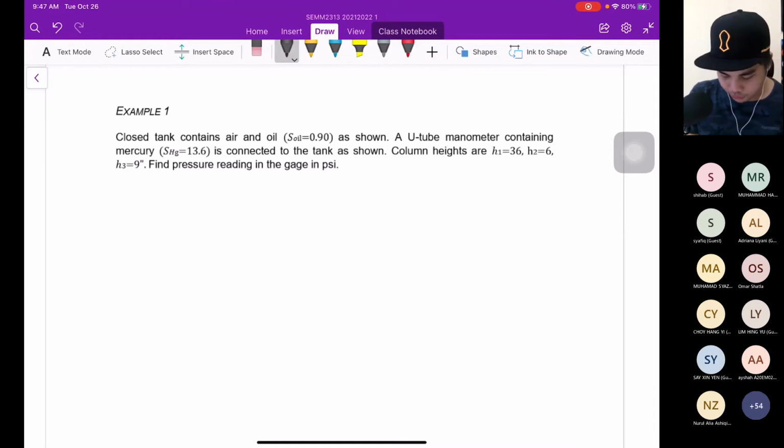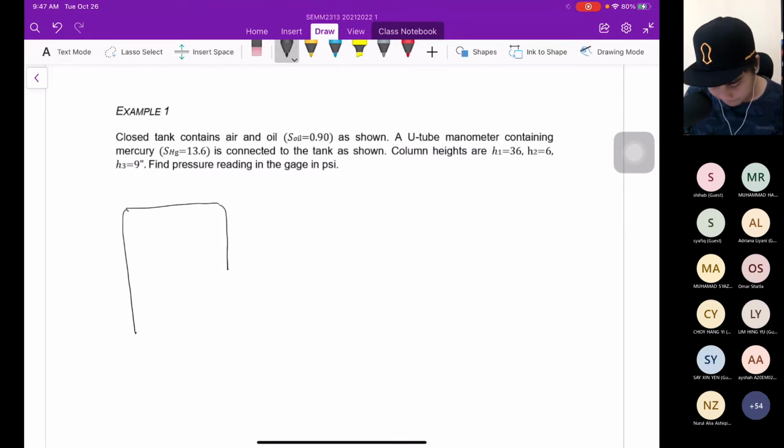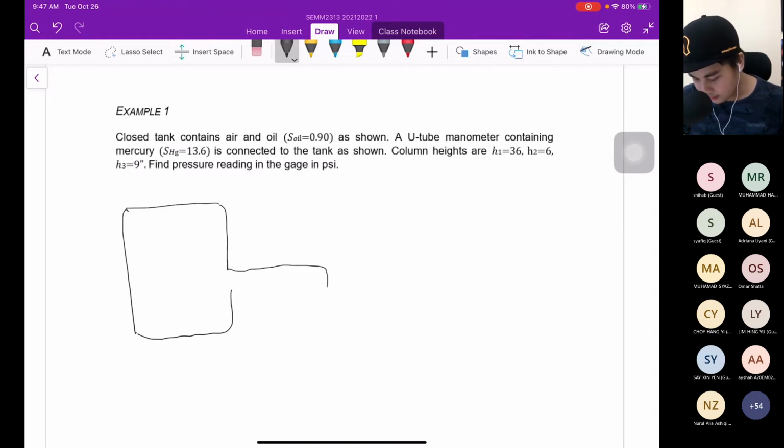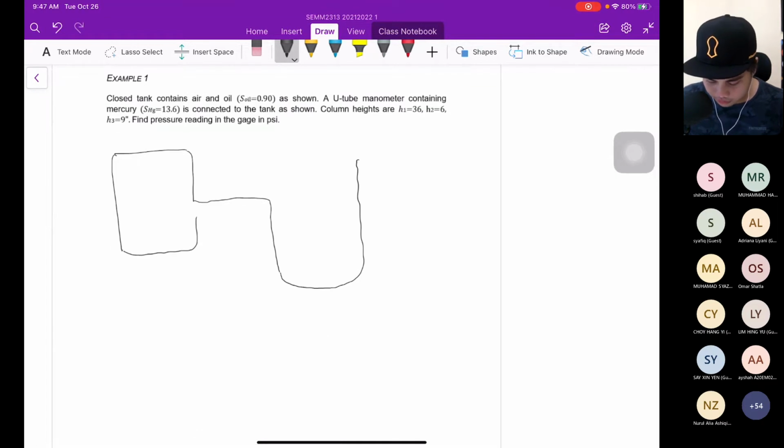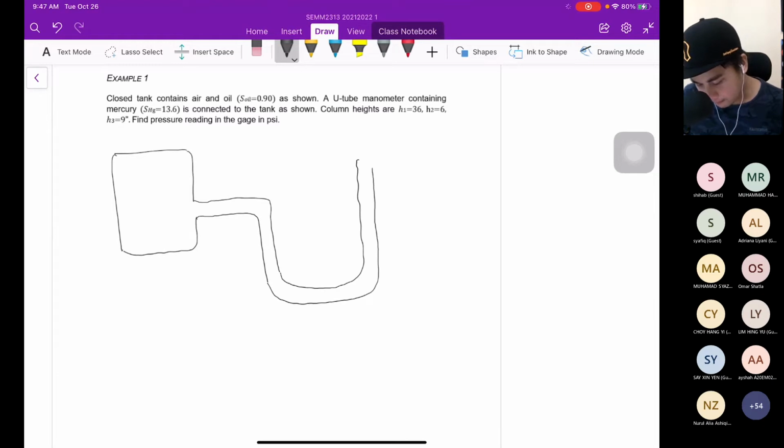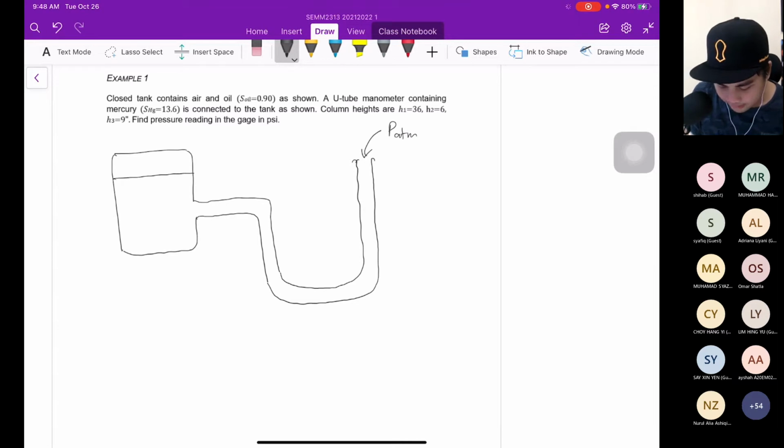So the first step, let me draw you the tank, the closed tank. The tank is sealed, and then attached to the manometer. This manometer is open to the atmospheric pressure. However, inside the tank we have two fluids, which are air and oil.